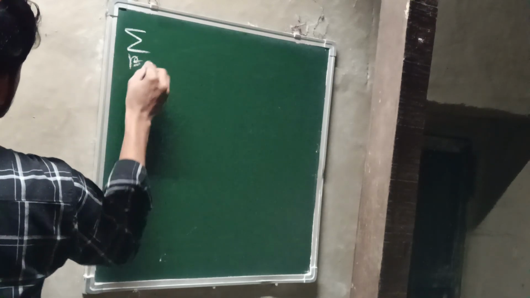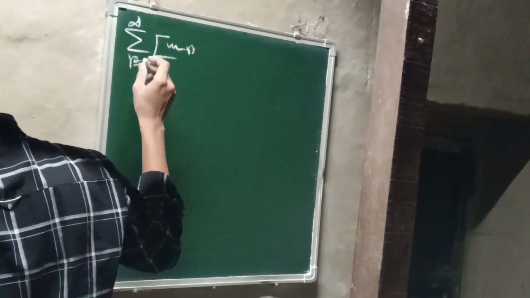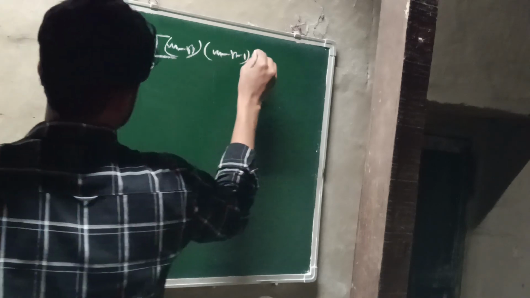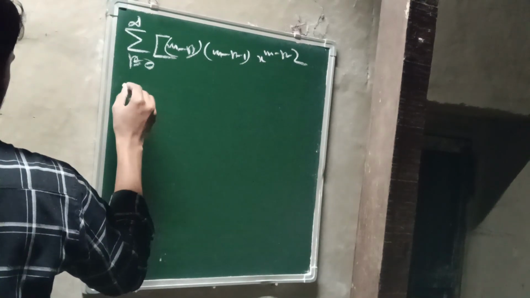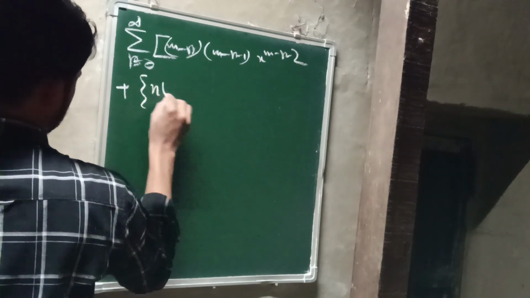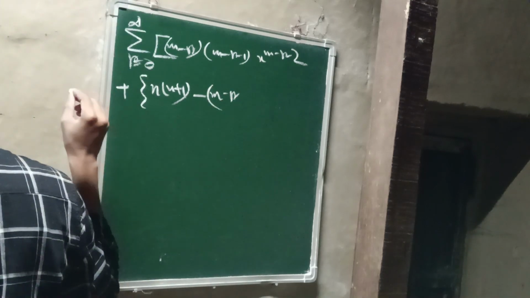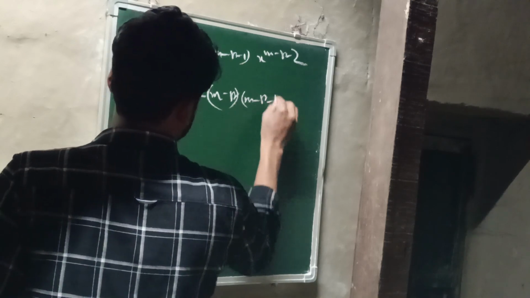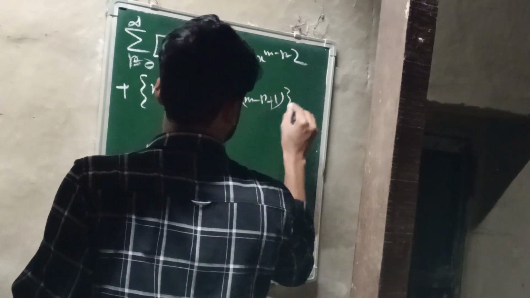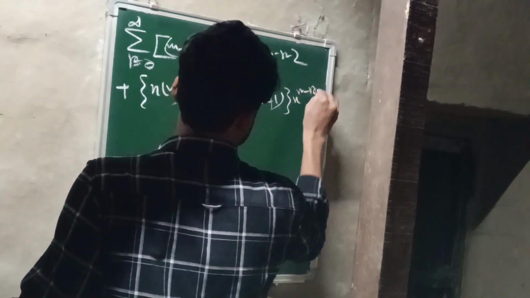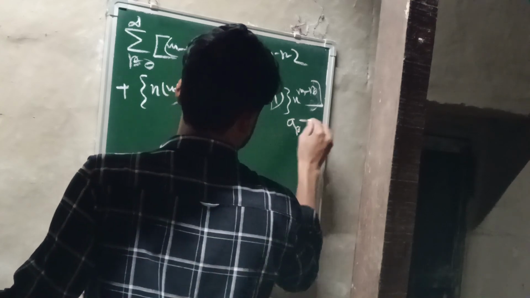Finally we get summation r equal 0 to infinity of [ar (m minus r)(m minus r minus 1) x to the power m minus r minus 2] plus [n into (n plus 1) minus (m minus r)(m minus r minus 1) minus 2(m minus r)] x to the power m minus r equal 0.